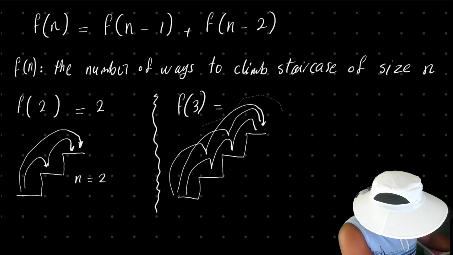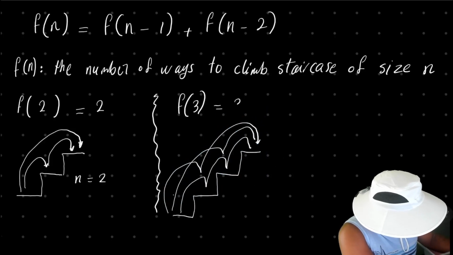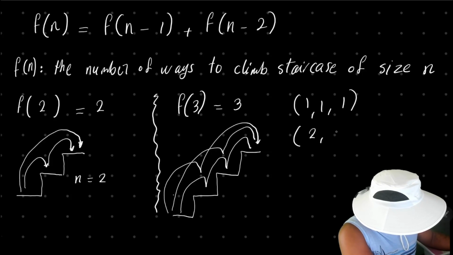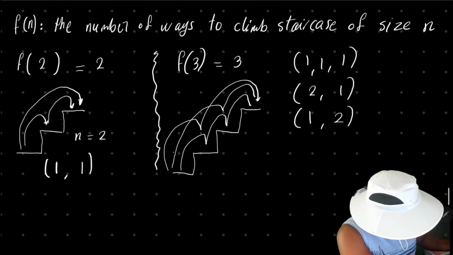So we said if you have 3 steps, there are 3 different ways, which is 1, 1, 1, 2 and then 1, or 1, 2.